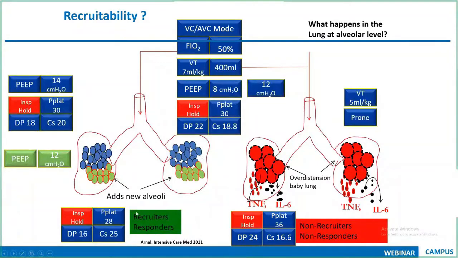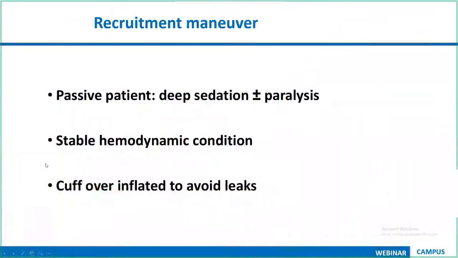From 18, the compliance increased to 25 when increasing PEEP from 8 to 12. From 12 to 14, the driving pressure is going high and the compliance is decreasing. That means the optimal PEEP for this patient is 12 centimeters of water.